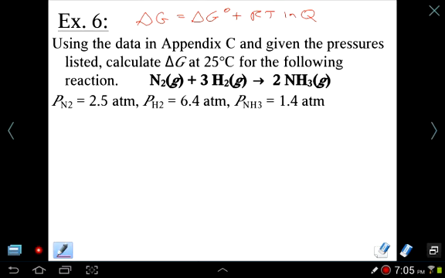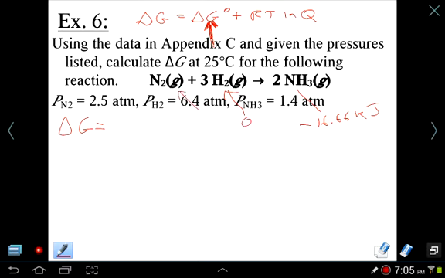First, let's calculate delta G under standard conditions. We'll need that value. So delta G is products minus reactants. In this case, the product is NH3. Let's look up the delta G for NH3 under nitrogen, and it is negative 16.66 kilojoules. For H2 and for N2, because these are both elements, delta G will be 0.